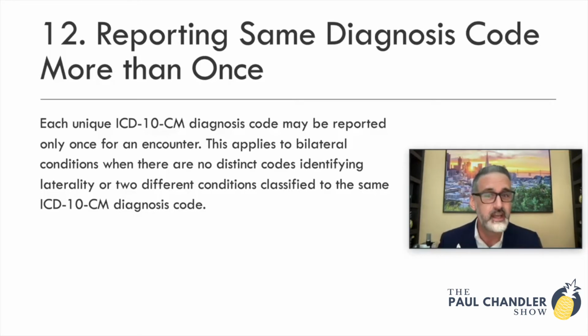But let's say a patient has a condition on their left wrist and a condition on their right wrist. If there's no code selection for laterality, so it's just one code for the wrist, even though they have the condition twice, then we would not code the same code twice, just code it one time and that's it.